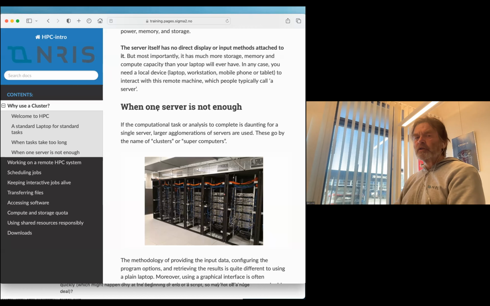Yeah, but on your laptop, the 4 cores will share the memory on your laptop. On a cluster, the memory is distributed, so it's not shared in the same way as on a desktop or laptop.